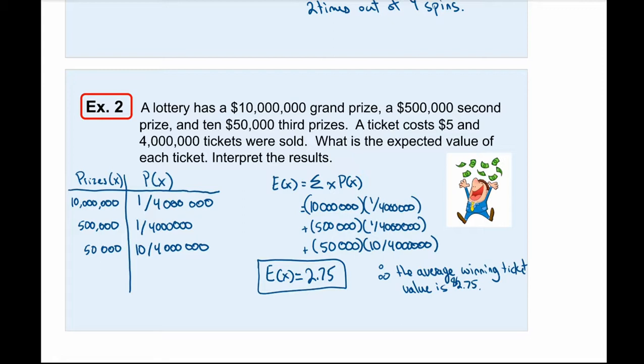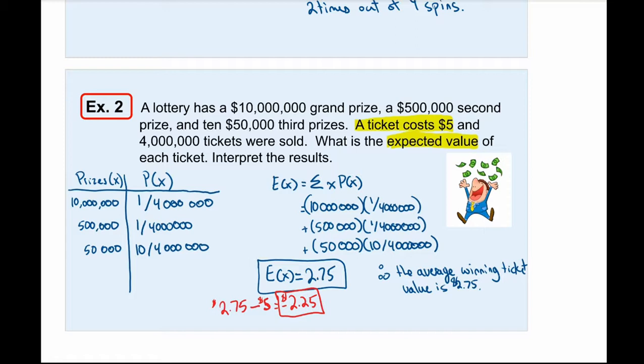But is there anything else I can interpret from this answer? We have the expected value. The other thing we were told is that a ticket costs $5, so we're told how much it costs to play. If I take my expected winning, 2.75, and subtract how much it costs me to play, $5, I get negative $2.25. That's a second value I can use to interpret the results.